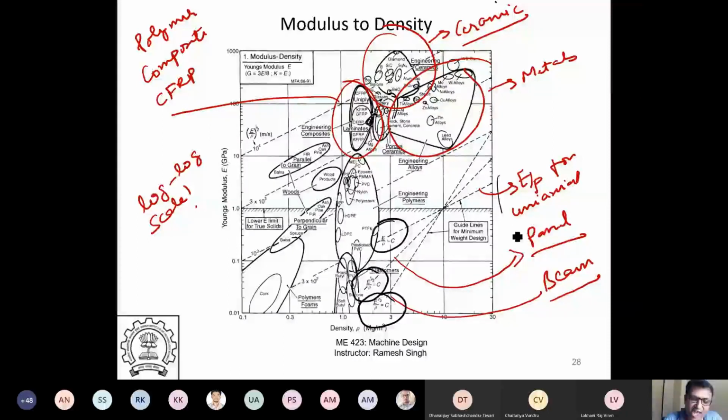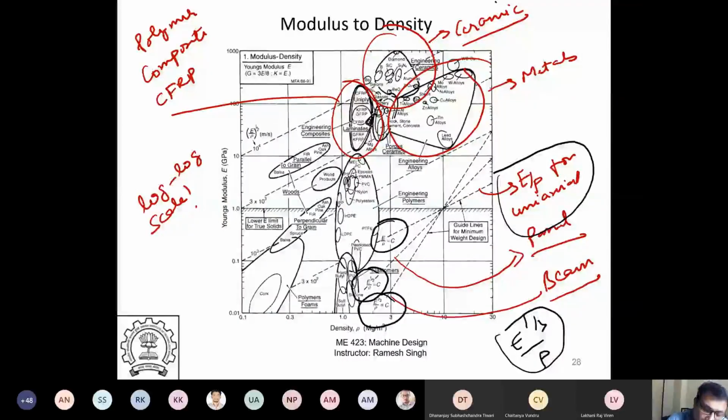But if I have a beam bending problem, I will not use E over rho, but I will use E^(1/3) over rho. And for a panel, if I have a 2D bending problem, then I will use E^(1/2) over rho. If I have a beam bending problem, I use E^(1/3) over rho. I'll actually solve these problems for you.